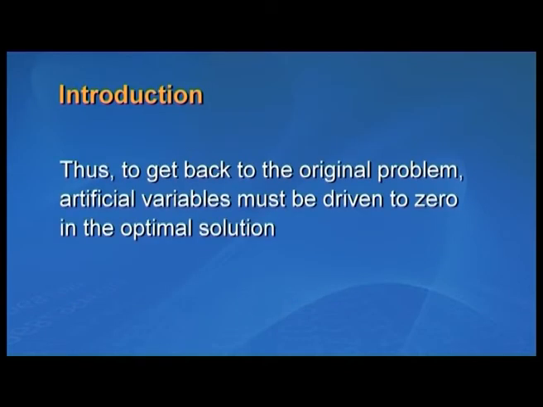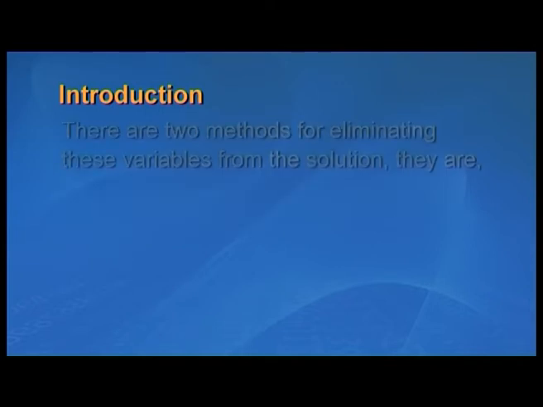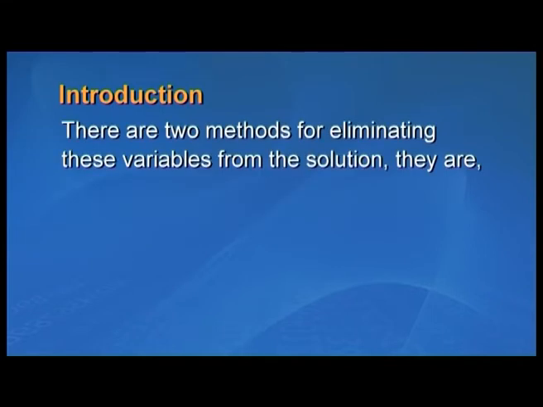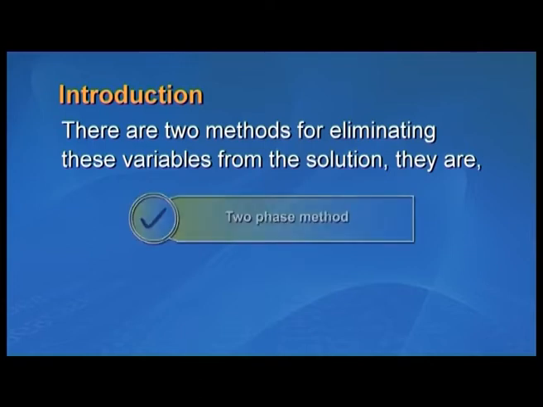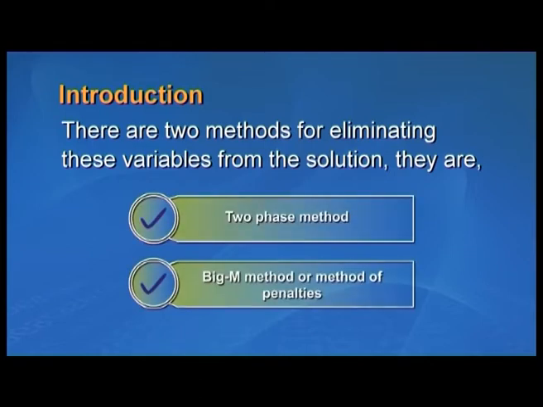Thus, to get back to the original problem, artificial variables must be driven to 0 in the optimal solution. There are two methods for eliminating these variables from the solution. They are the two-phase method and the big M method, or the method of penalties.